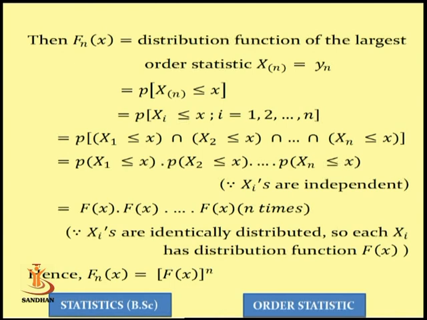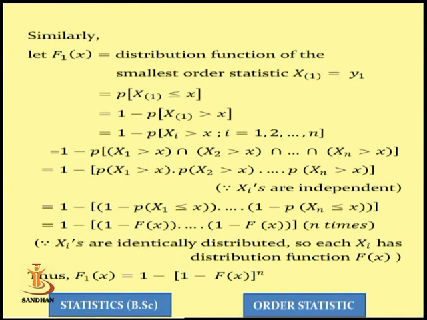Because each random variable has the same distribution, as we just said they are identically distributed, each one is going to have the same distribution function, say capital F(x). So it will be F(x) times F(x) times F(x), n number of times, and hence the distribution function of the largest order statistic will be F(x) to the power n.